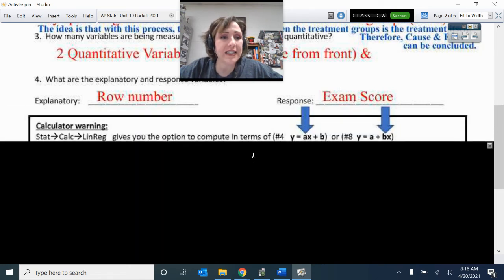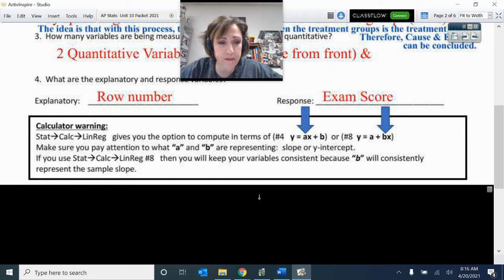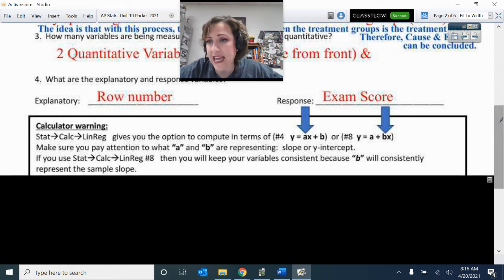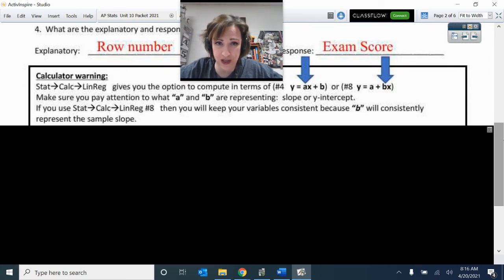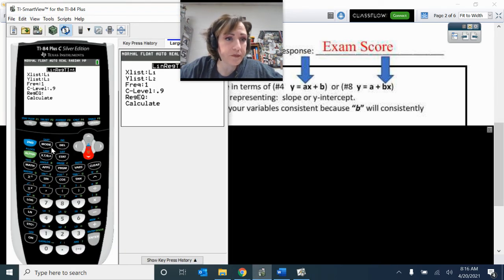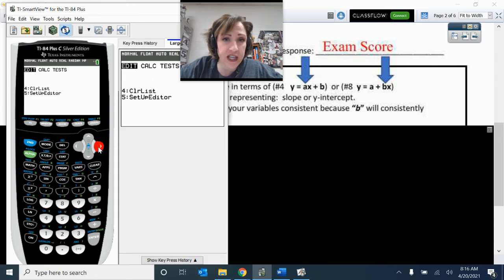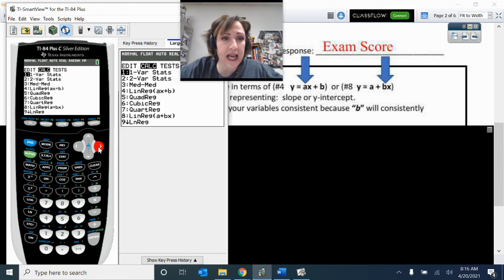Now, let's talk about something here because this is going to play into the rest of this unit. So here's a calculator thing. We have always done stat over to calc to get the equation of the line. Looky here, there's 2 options.